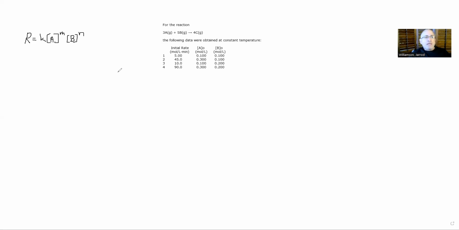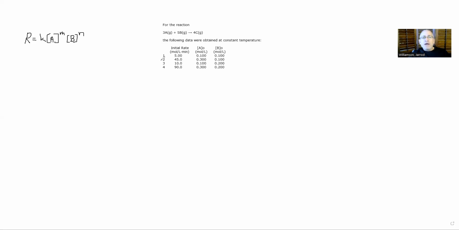So what happens is some chemist or chemical engineer takes 0.1 molarity A, 0.1 molarity B, mixes them together in a test tube, and measures the initial rate of the reaction and finds that the initial rate happens to be 5 moles per liter per minute.